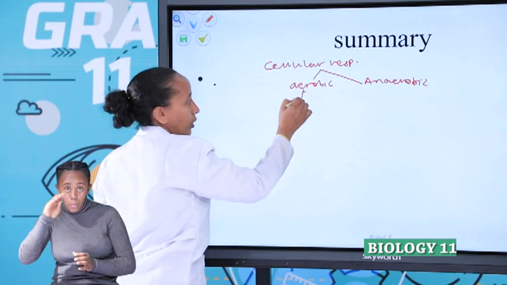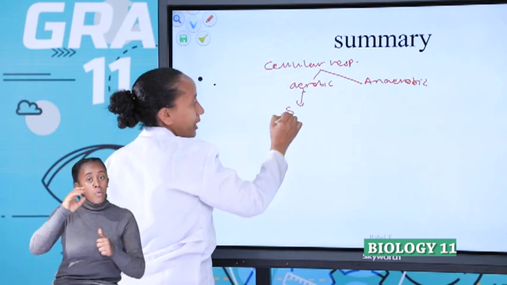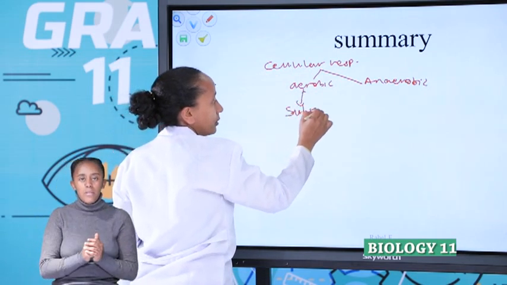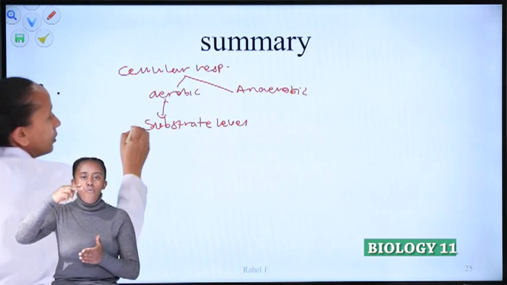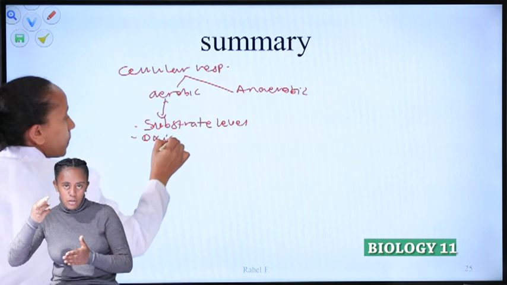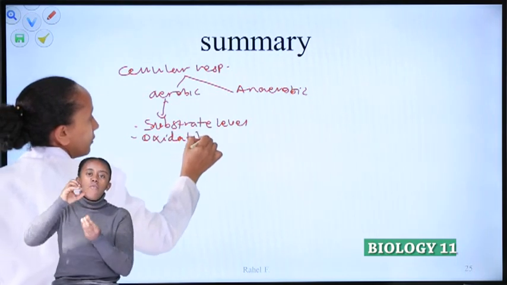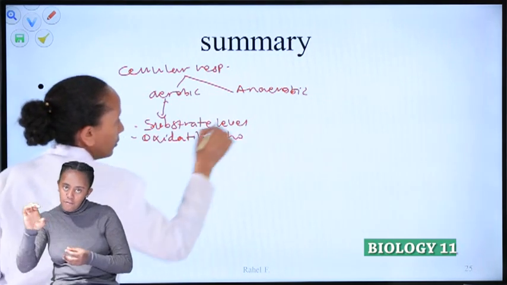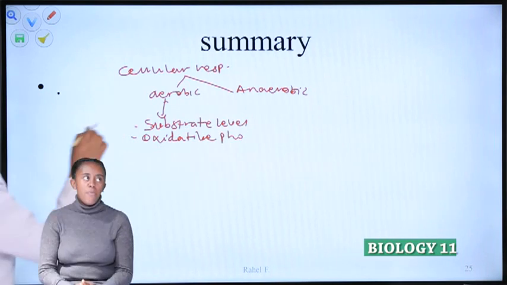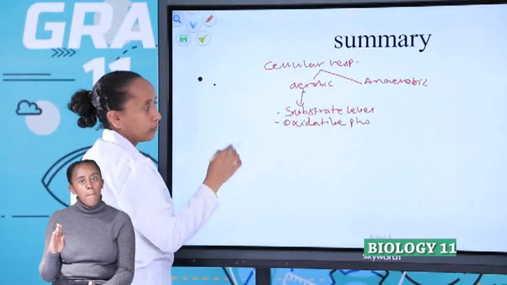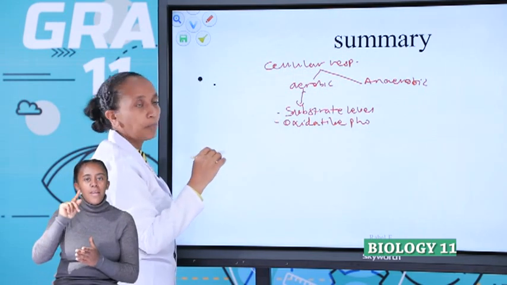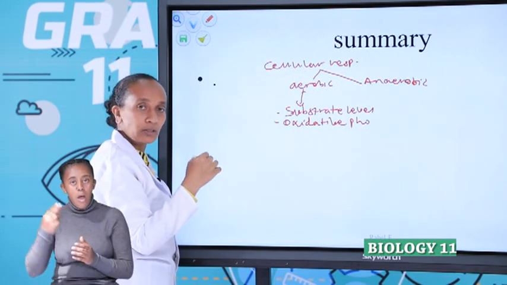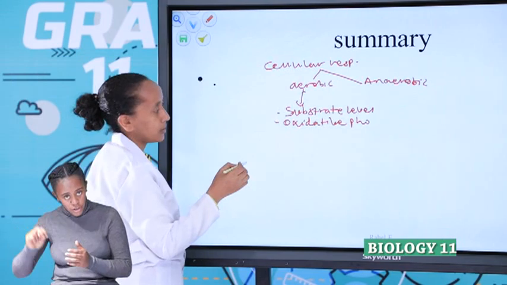In the aerobic pathway, ATP can be produced by substrate level phosphorylation or by oxidative phosphorylation. Substrate level and oxidative phosphorylation produce ATP by using hydrogen that is released from substrates.